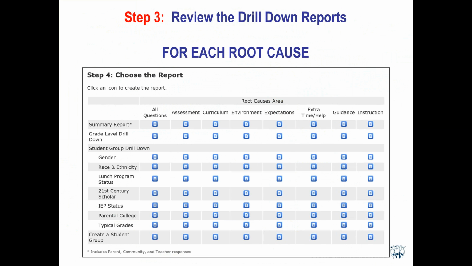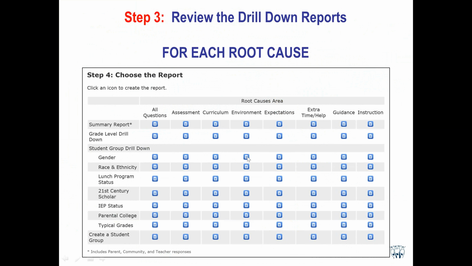So when you click on the icon in that row on the steering team meeting page, this report will open up, and you can say, let's just take attendance as an example. Okay, attendance is going to be something that is within the environment. So you might want to look at the grade level drill down report and see, are there any specific grade levels that are having trouble with attendance?